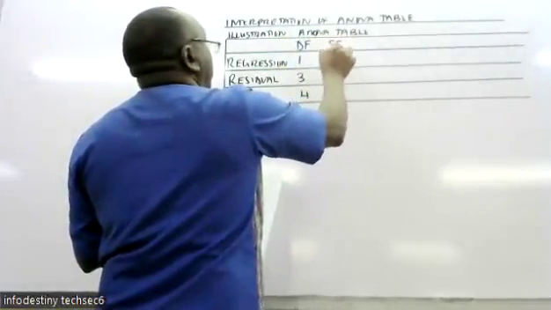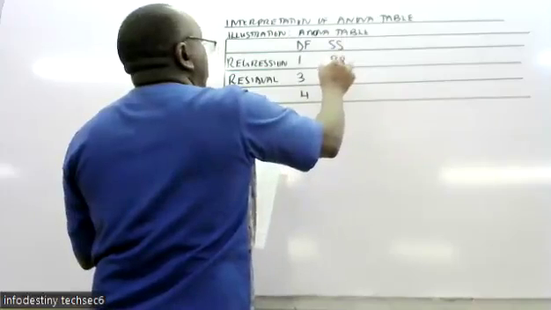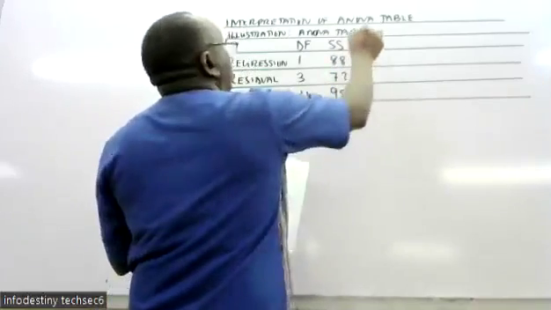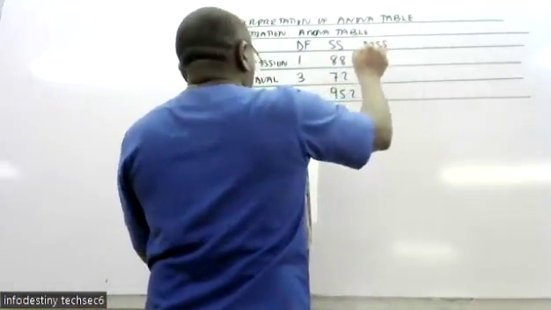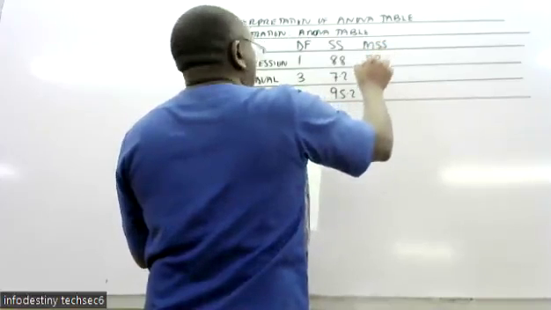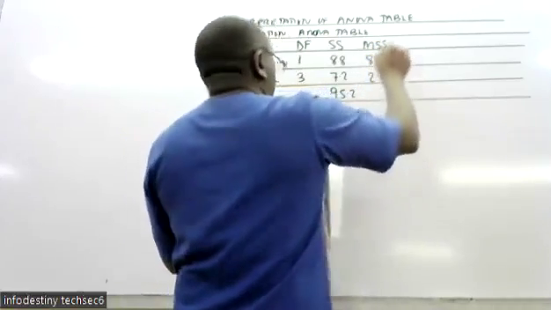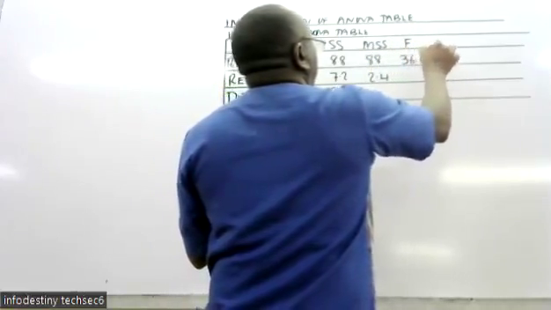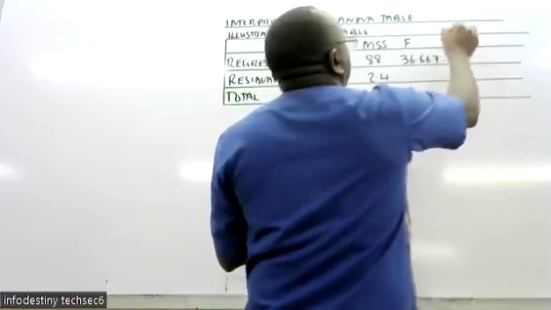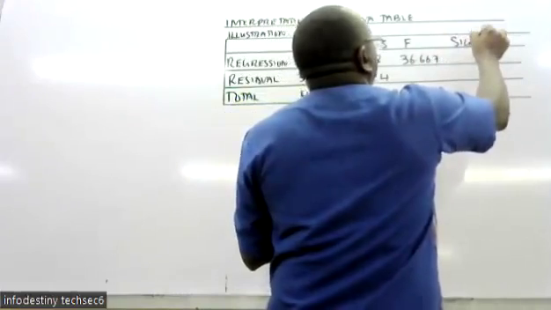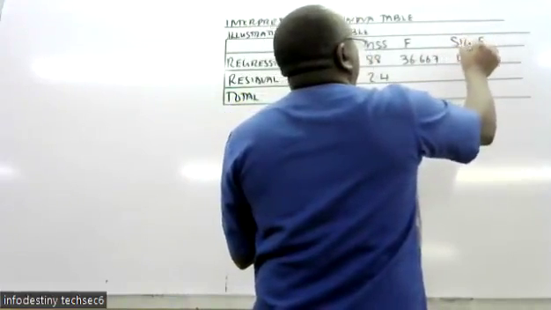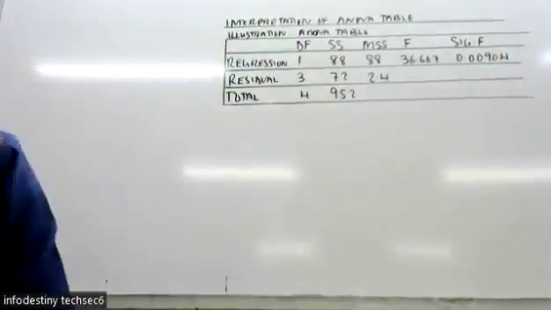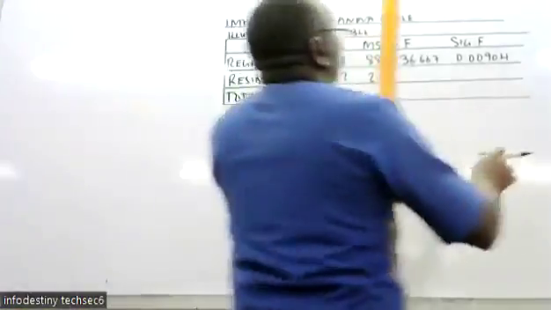I need SS. This is 8, this is 7.2. That is 6.667. 0.00904. That is how it looks.